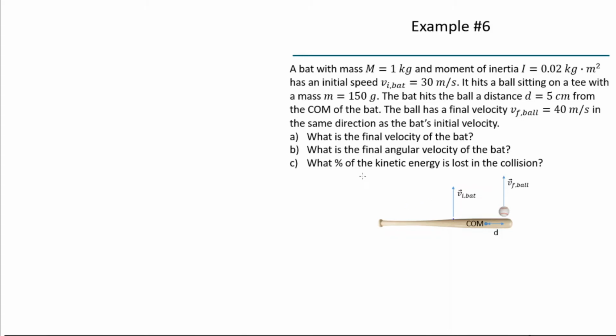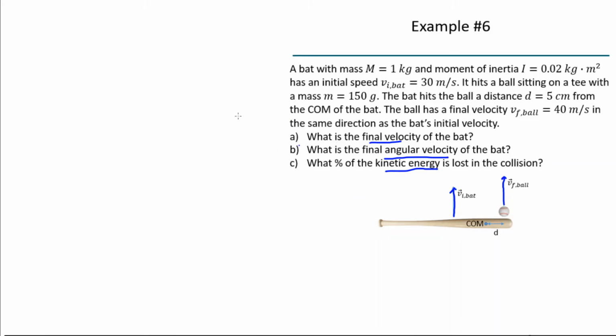So if the bat is going in this straight up direction, the final velocity of the ball after the bat hits it is straight up like that. So we want to find the final velocity of the bat, the final angular velocity of the bat, and what percentage of kinetic energy is lost in this collision.